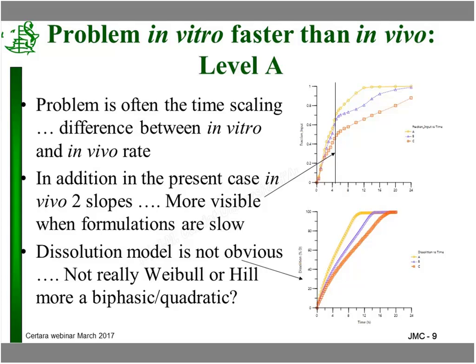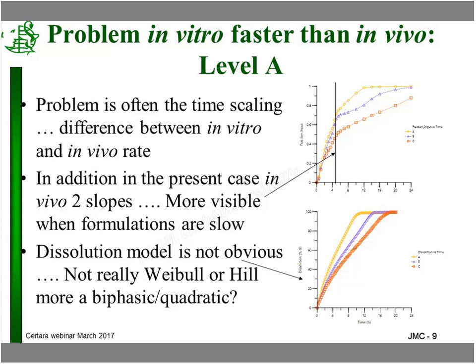In addition, when I start to study the absorption curve, I can see that I have something which seems to be more biphasic. That means a phase up to 4 hours and something which is slower after 4 hours. But when I have a look on the dissolution, I don't have these two phases. That do mean that I don't have exactly the same processes between in vivo and in vitro.